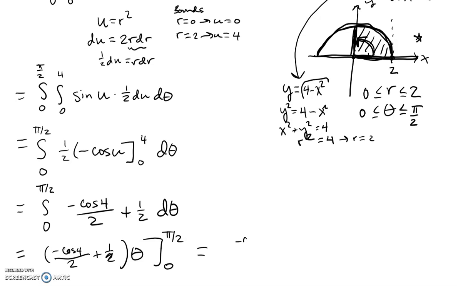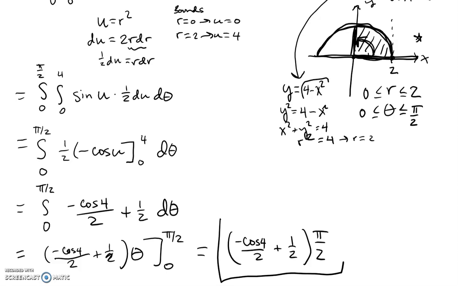So we're going to end up with negative cosine of 4 all over 2 plus 1/2, that whole thing times pi over 2. And then we would subtract off plugging in the lower bound, but that would just be plugging in theta is 0, which makes the whole thing 0. So we end up with this constant as our final answer here.